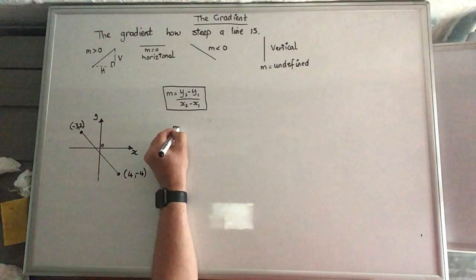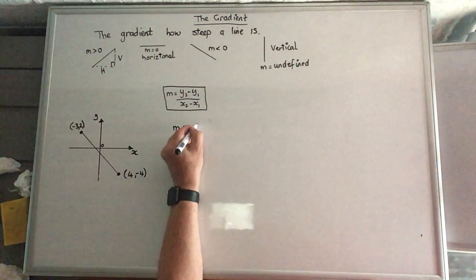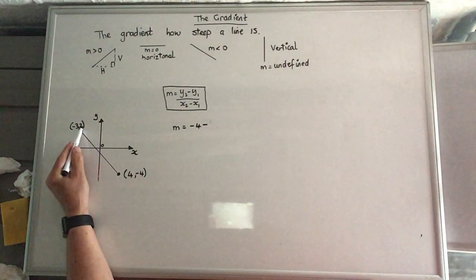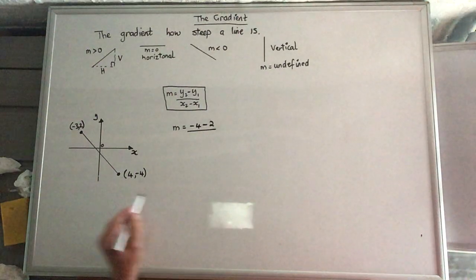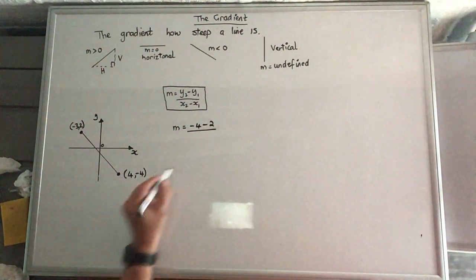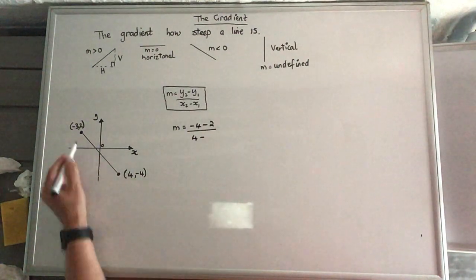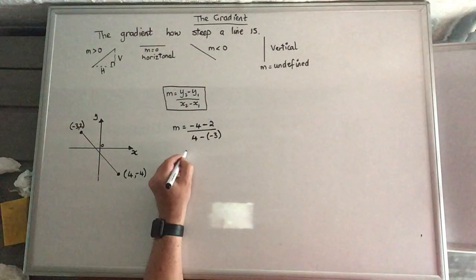So m is equal to y2. Make this y2, so that's minus 4, minus y1, which is 2, over x2, which is 4, minus 3. So we've got to be careful here. Minuses everywhere.